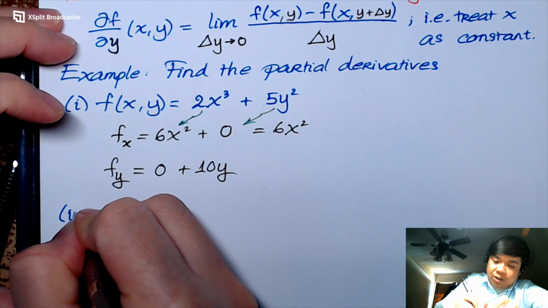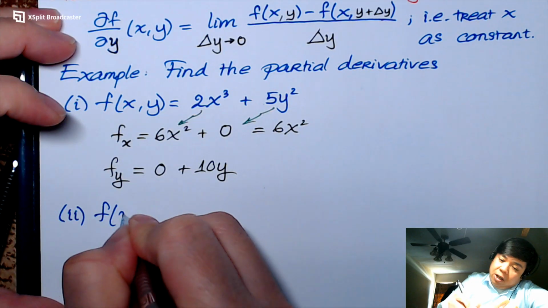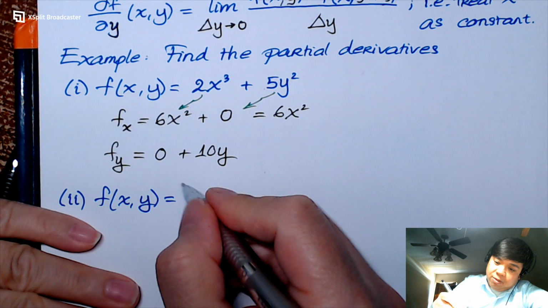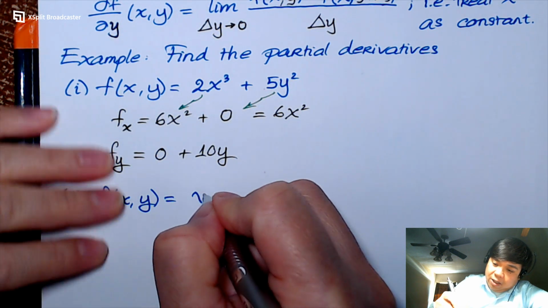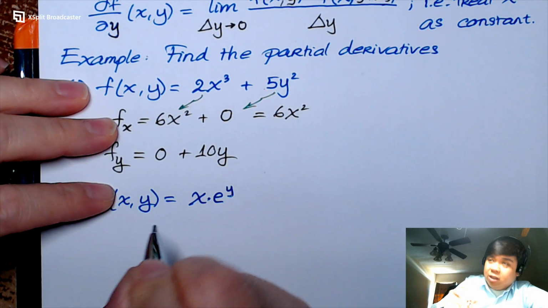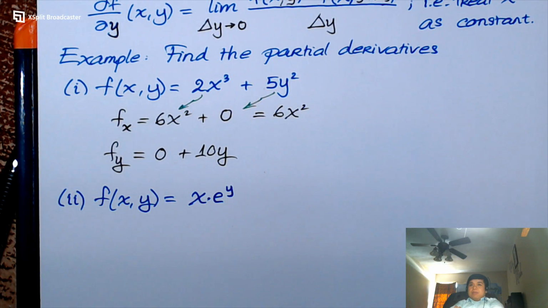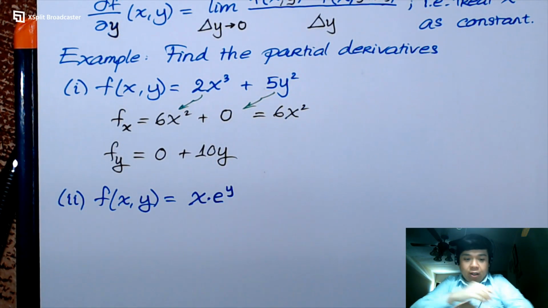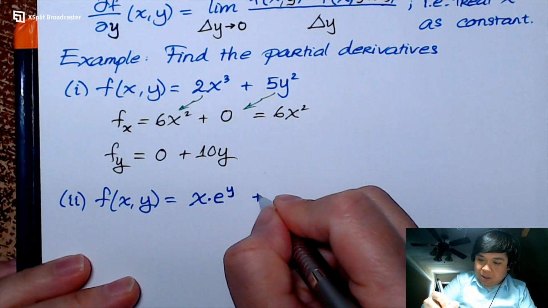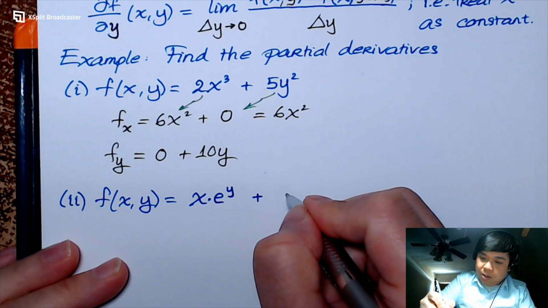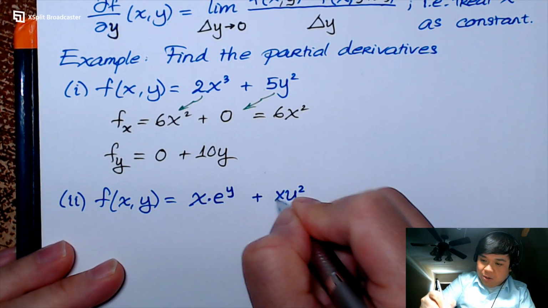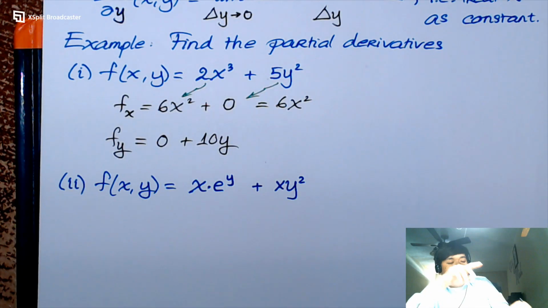Okay, that's the easy one. Example 2. How about x times e to the y, times y squared? Let's say x e to the y y squared.